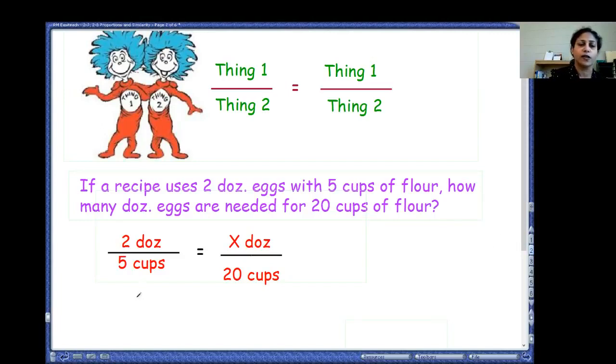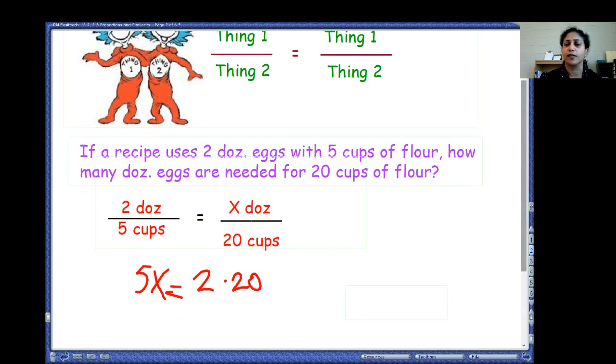Sorry, that was wrong. Let me erase that. Okay, 5 times x equals 2 times 20. And you don't want to multiply the 2 and the 20 out because it's pretty simple to cancel later on. You're going to divide both sides by 5.